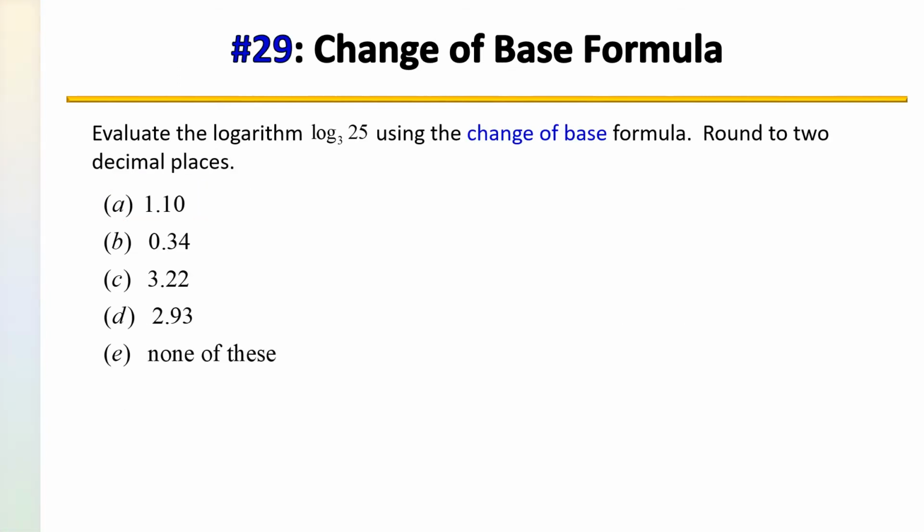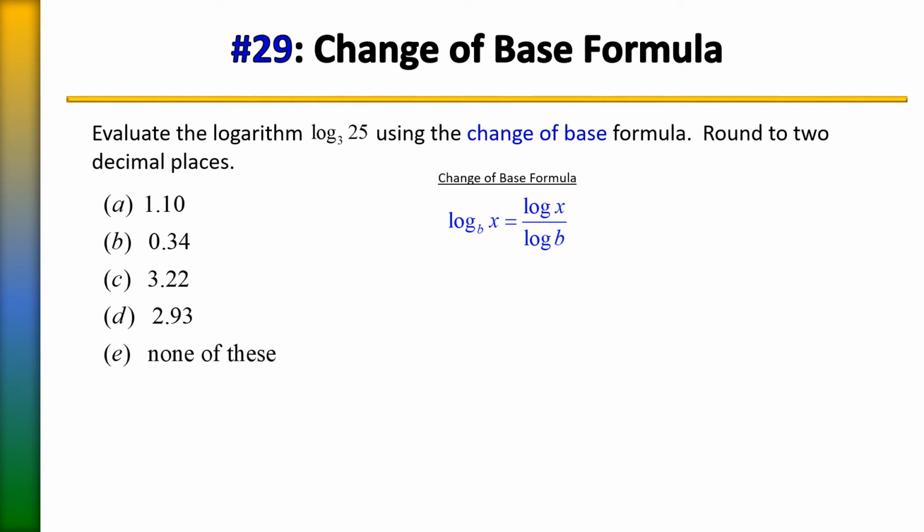In this example, we're asked to evaluate the logarithm log base 3 of 25 using the change of base formula, and then round our answer to 2 decimal places. In other words, leave 2 numbers past the decimal. So let's get started. Here we're given log base 3 of 25, and recall the change of base formula is as follows.